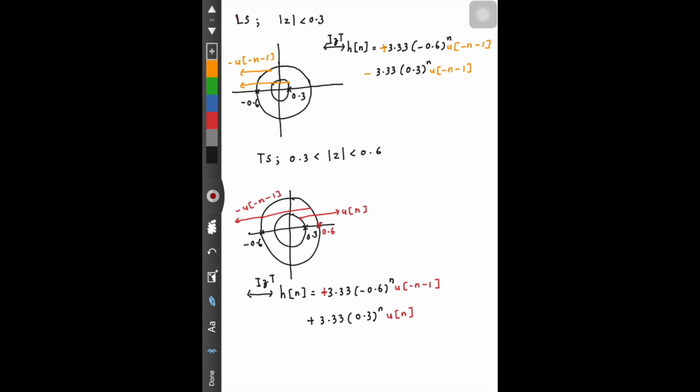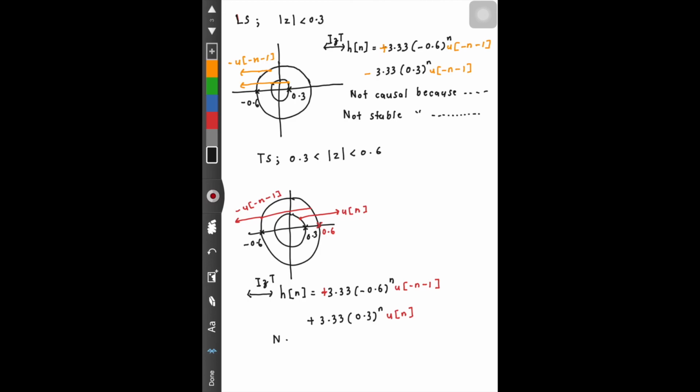For left-sided and two-sided, it is the same thing. Left-sided is not causal because it is a left-sided region, and it is not stable because the region does not include the unit circle.